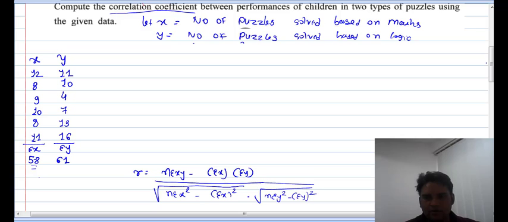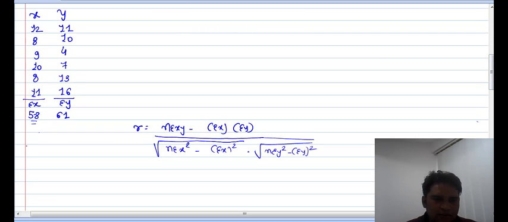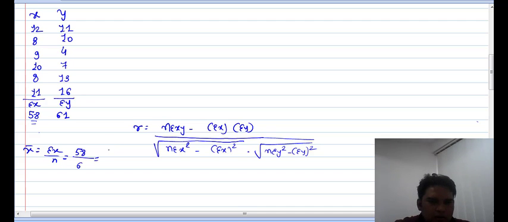Right? Now we will find x bar and y bar. Sigma x upon n, so it would be 58 divided by the number of observations, that is 6 observations, so divided by 6, it would come to 9.67.